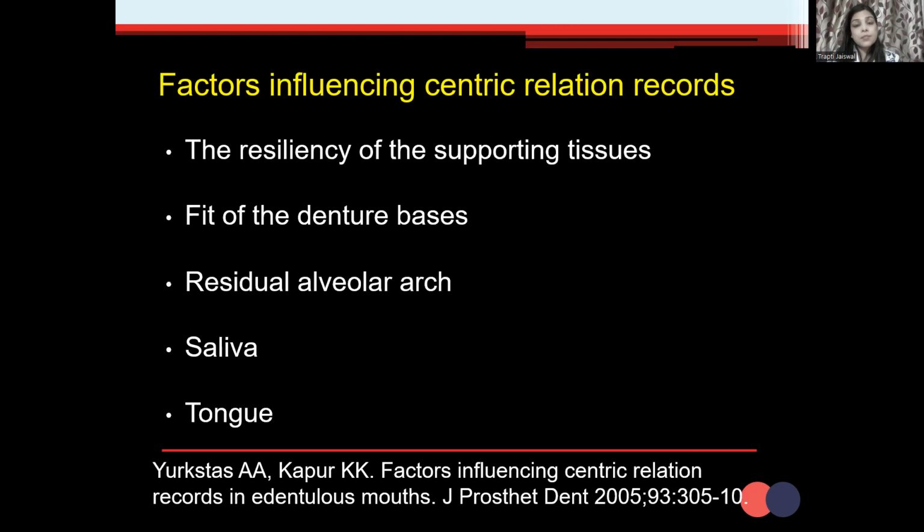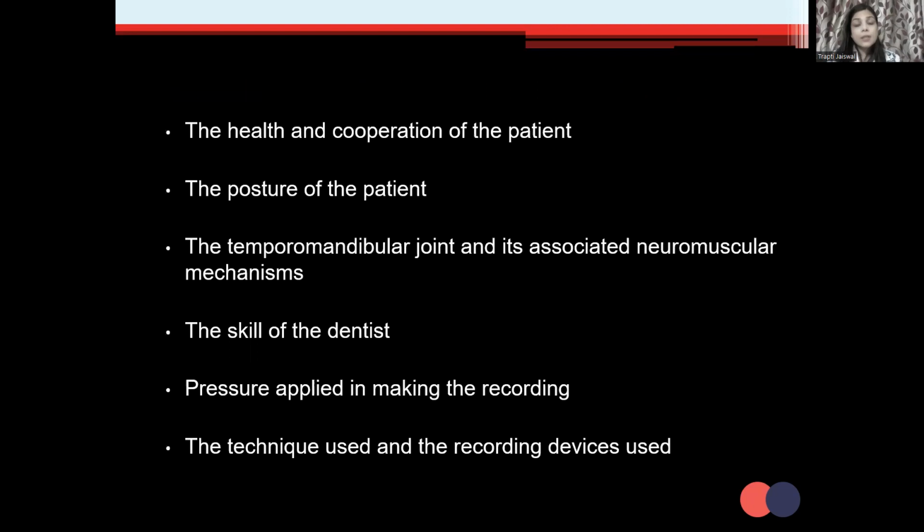Residual alveolar arch: in resorbed ridges, there is improper retention of the dentures or the record bases, which will affect the centric relation records. Also saliva, tongue, health and cooperation of the patient. The more cooperative the patient is, the more easily he can help us in guiding the mandible to the centric relation position.